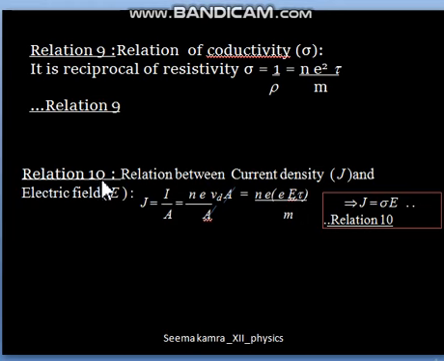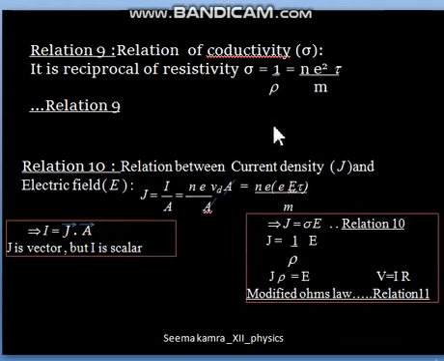Now relation number 10 of this chapter: one new term is introduced here, that is current density J. Its relation with electric field we have to obtain. Now I'll tell you about this J introduction. The J symbol is for current density.